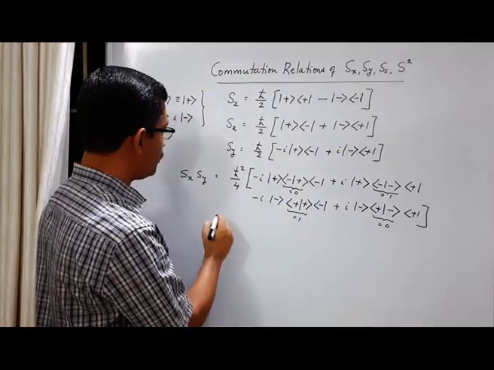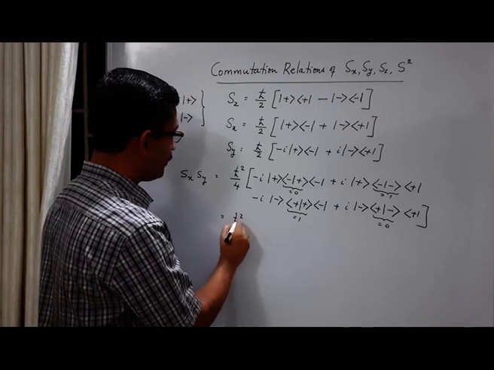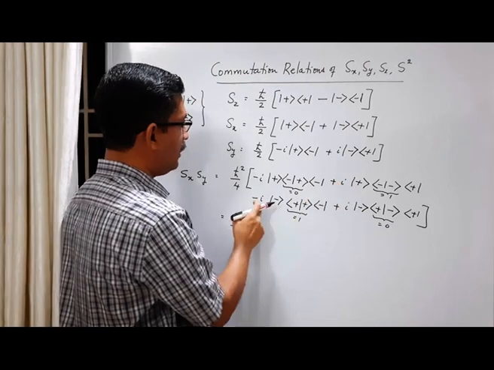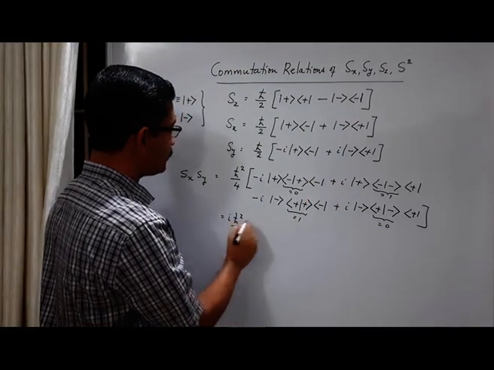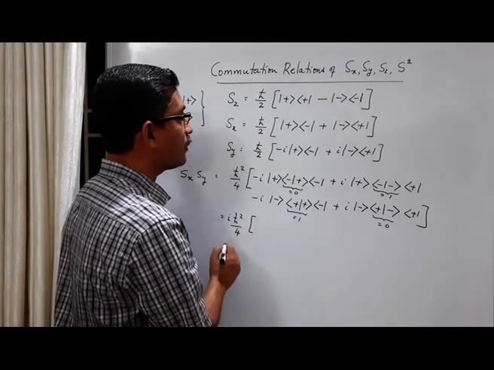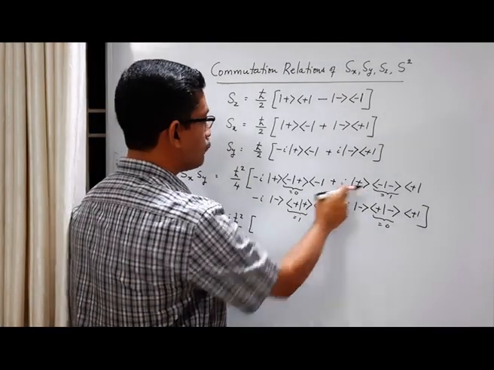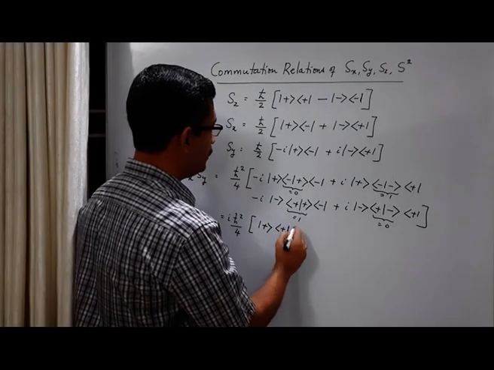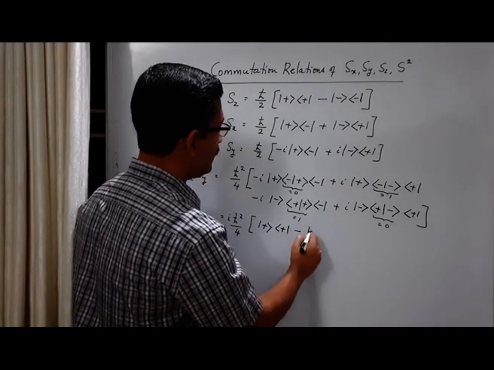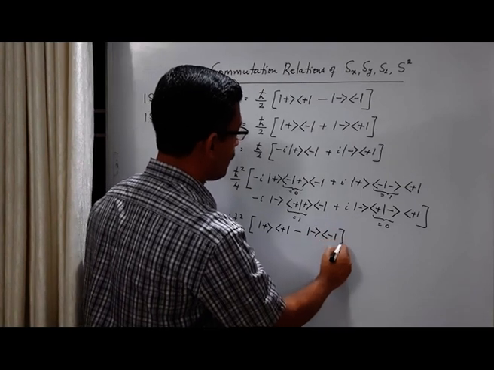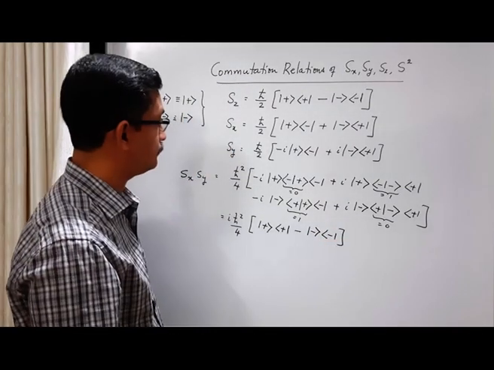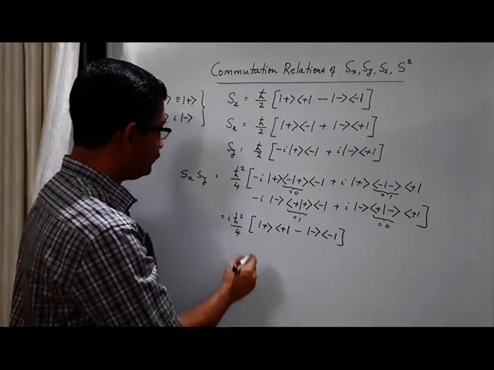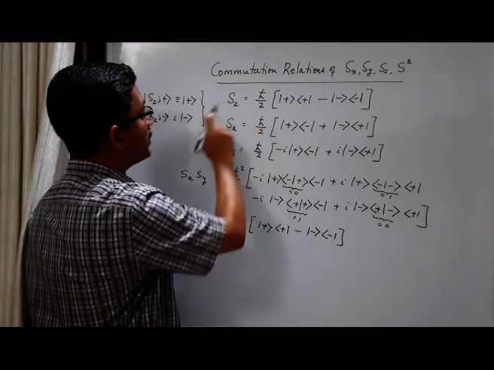So what are the non-zero terms? We have ħ²/4. This i I can take outside. So we have iħ²/4. Then this one: ket plus, bra vector plus. Then there is a minus sign: ket minus, bra vector minus. Now look at this term, Sz.